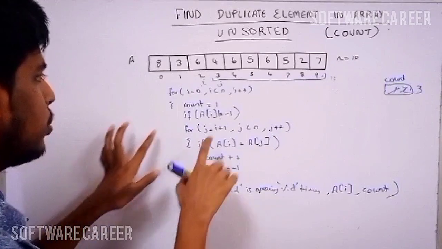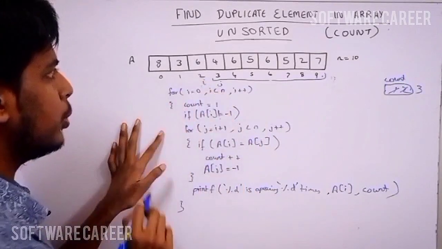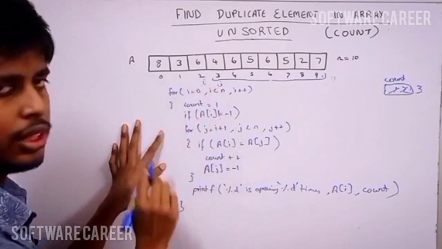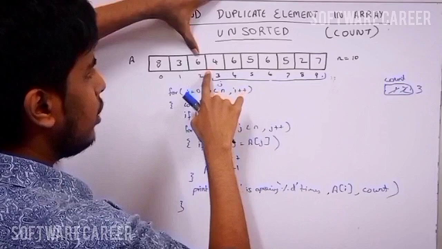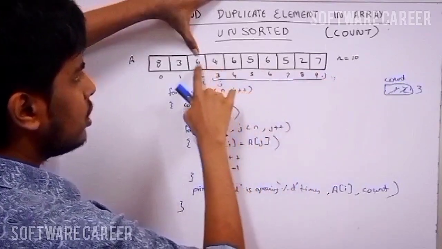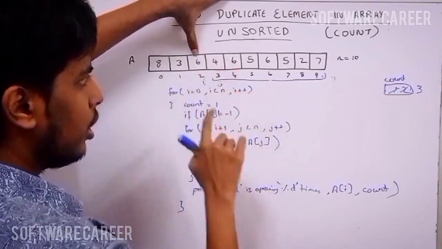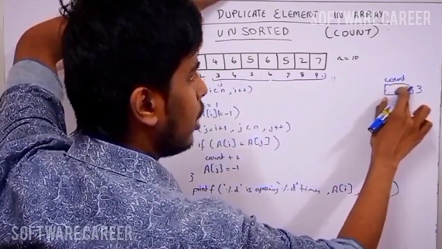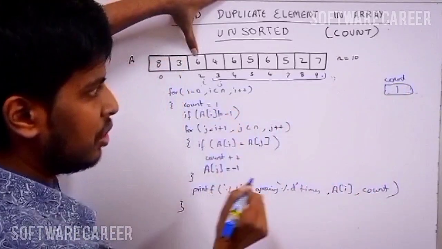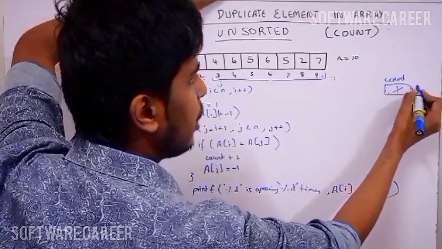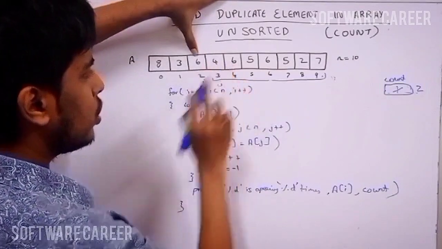Now I will explain these two lines. Suppose i is at the second index. Now you are comparing the 6 with this j from 3 to 9. Whether 6 equals to 4? No. Whether 6 equals to this 6? Yeah. Now count value was 1 at starting, the default value. Now count value will increase by 1. Count is 2, because you found 6 equals to 6.